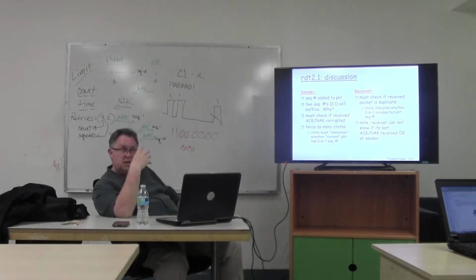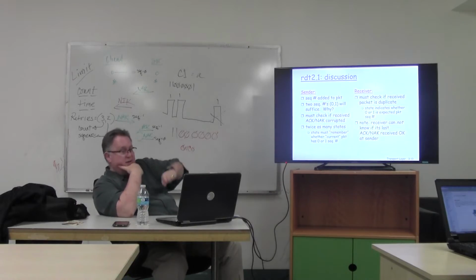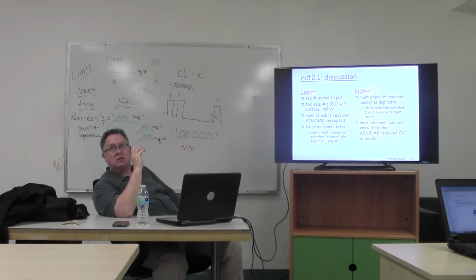The FSM changes state to await. It needs to know whether the data arrived at the other side and whether it arrived in good shape. And that's going to be reflected in either an ACK or a NACK. Okay? But we've just doubled the number of states that the machine can be in.